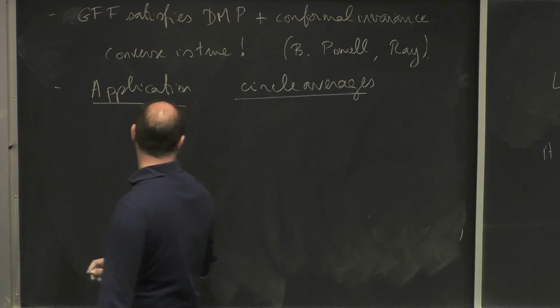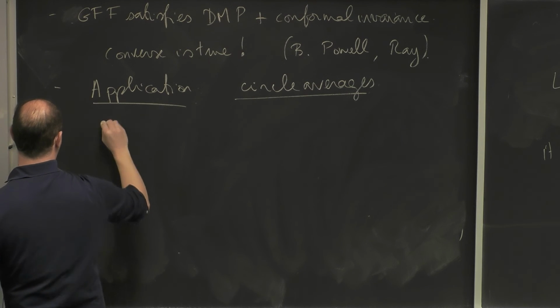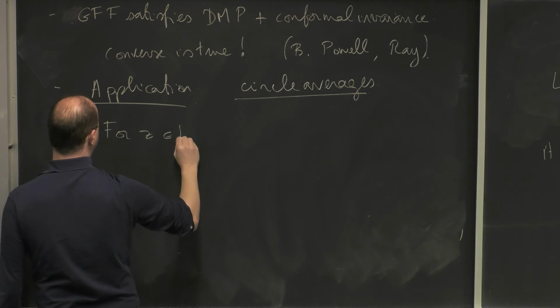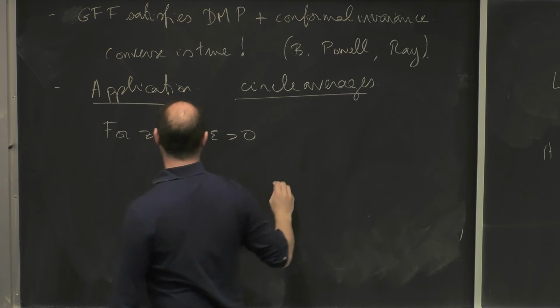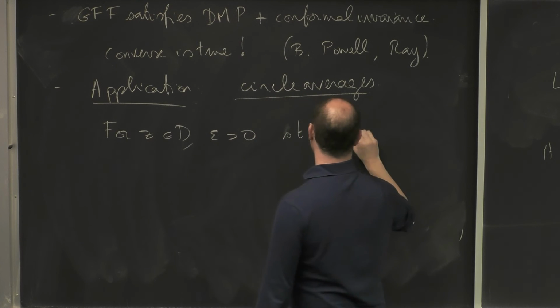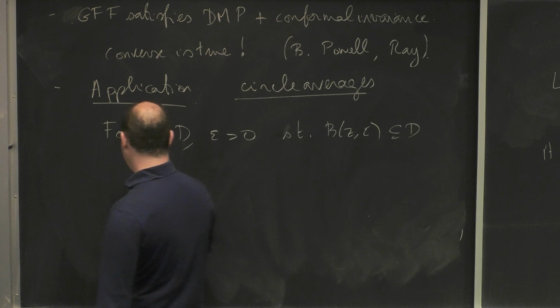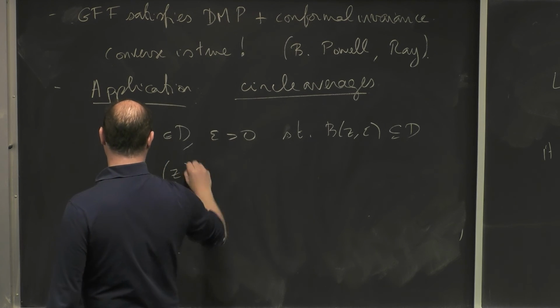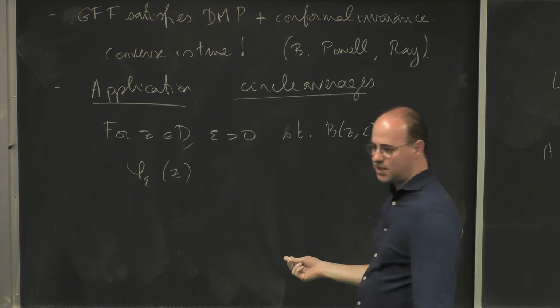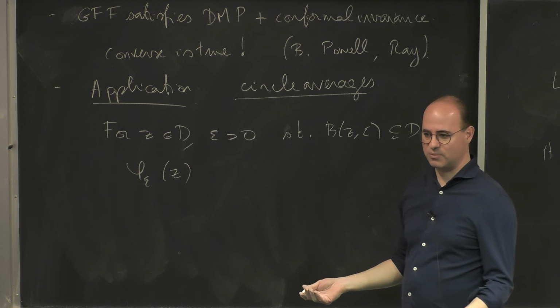So this is the notion of circle averages. For z in a domain, and epsilon small enough that the ball of radius epsilon is contained in the domain, I can speak of phi epsilon of z, which would be the average value of the GFF at distance epsilon from z.